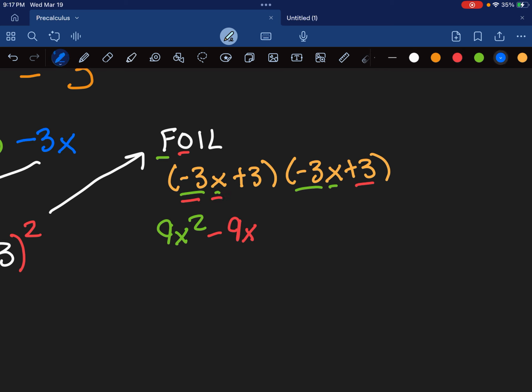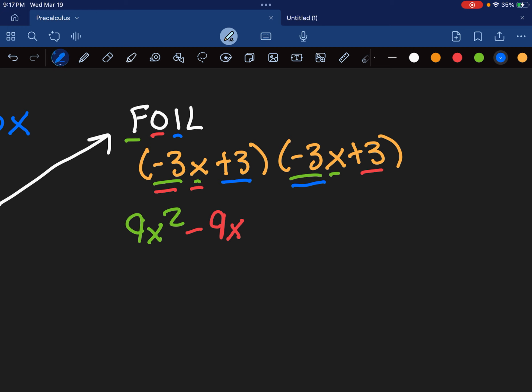We then move on to the I, which is going to be the inner. So it's going to be this number right here, and this number right here also. Okay, so 3 times negative 3 is just going to be a negative 9 again, and then we include that x also.